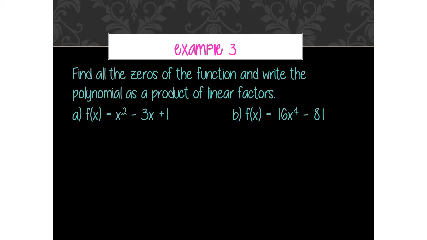So the zeros are a list of what the x values are, right? x equals 1, 2, 3, 4, 5. Those are zeros or solutions or roots, all the same thing. Linear factors is x minus 1 times x minus 2 times x minus 3. Does that make sense? So you've got to know the terminology to know how to answer these questions. So the zeros themselves are your list of what x equals, like 1, 2, 3. Linear factors is x minus 1 times x minus 2 times x minus 3. So it goes behind the x minus.